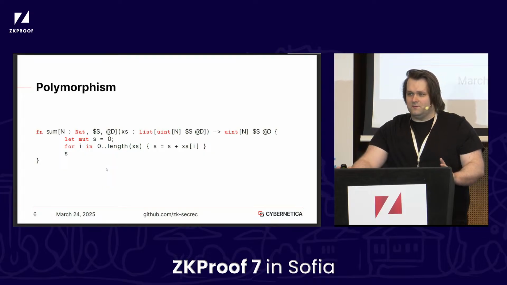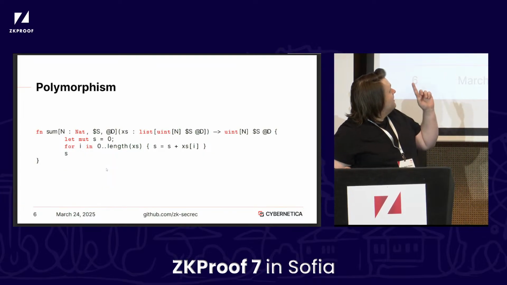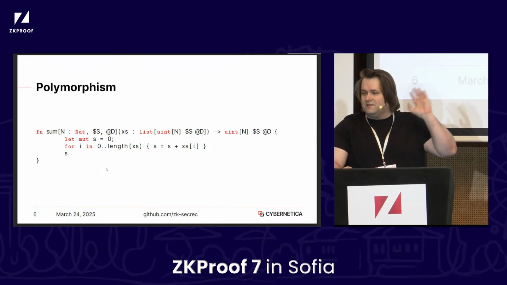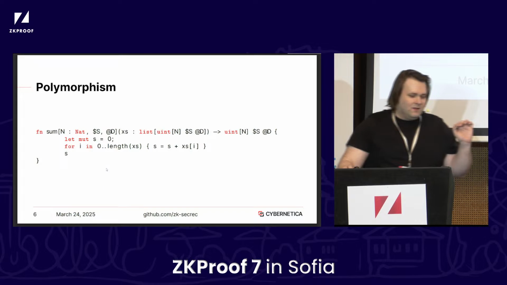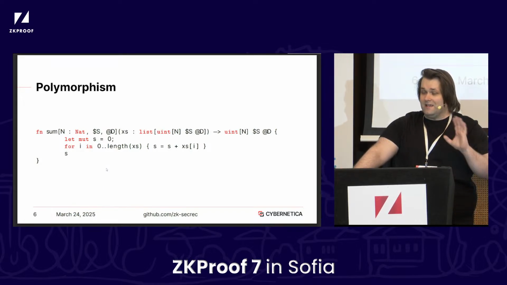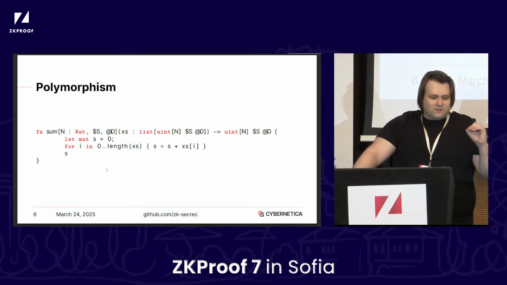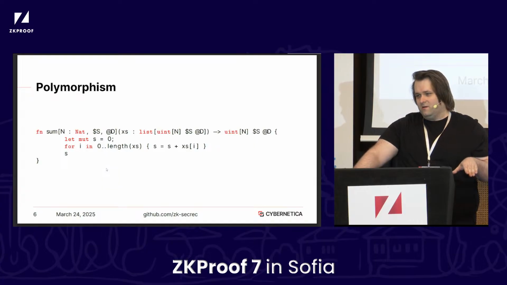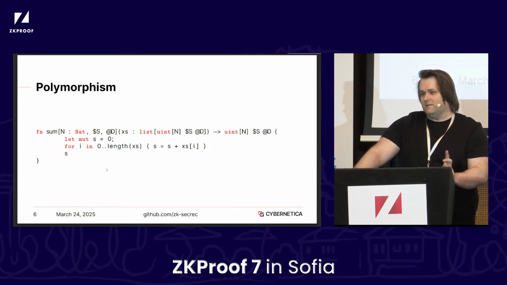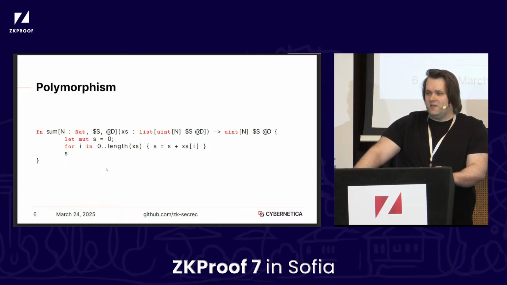This function sums a list, and in the brackets on the left you see that n is some natural, $S is a generic stage, and @D is a generic domain. So this takes in a list of integers that are uint of n, so field elements of n, in the generic stage and domain, and returns the sum, which is also in the generic stage and domain.